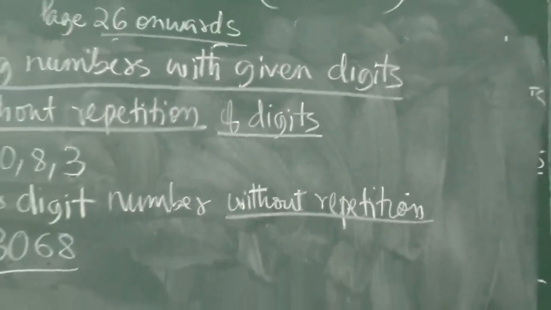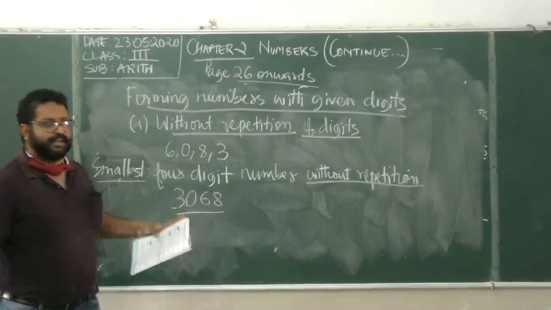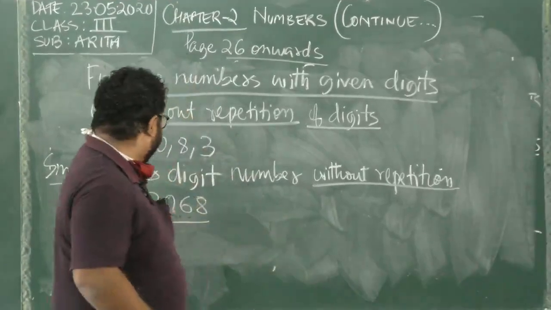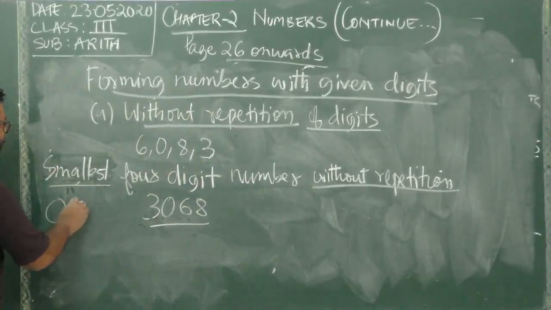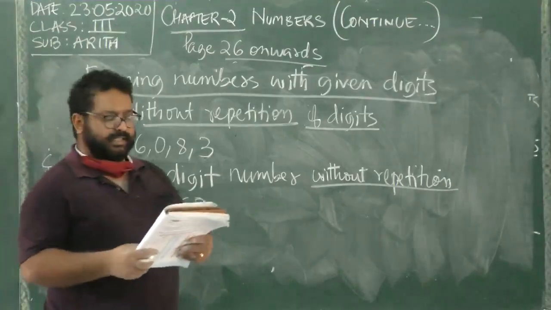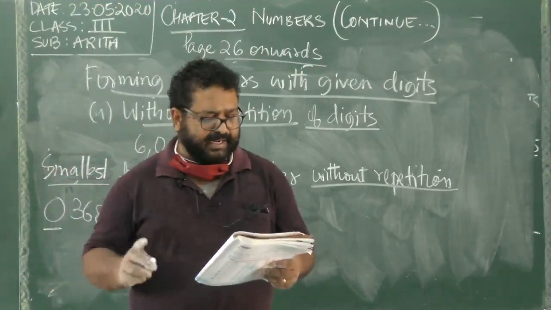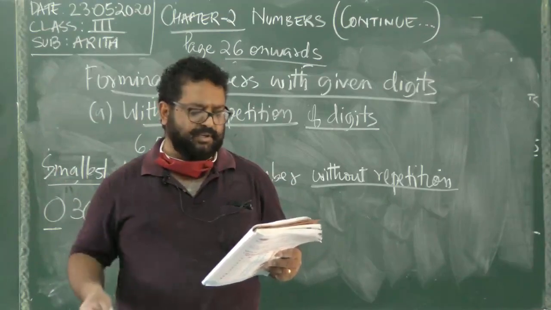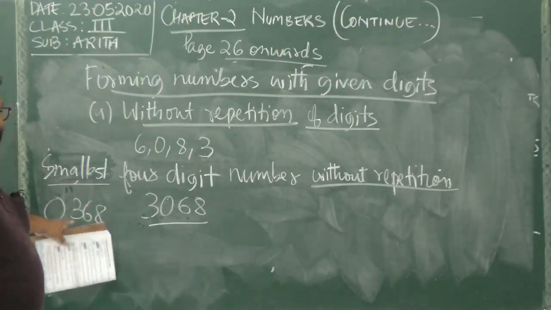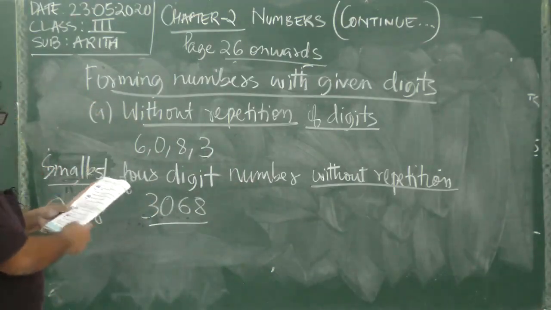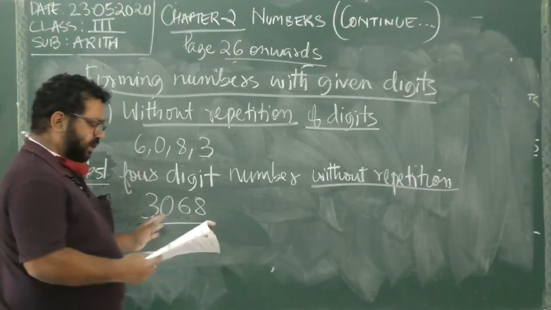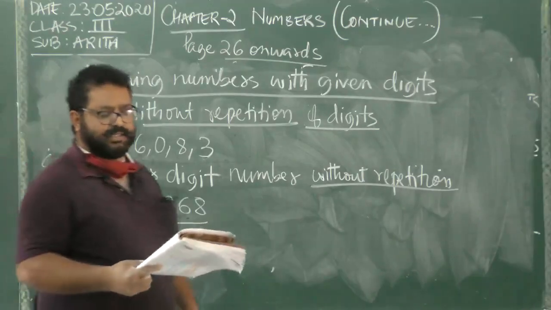If one of the given digits is 0, instead of writing 0 at the extreme left, extreme left is here, write it at the second place from the left to get the smallest number. We write it at the second place from our left hand side, to get the smallest number.